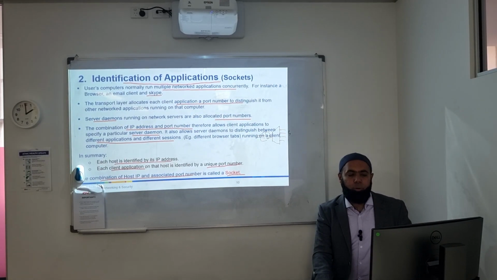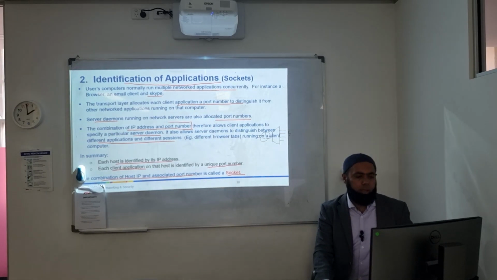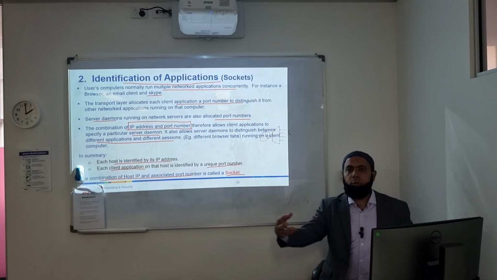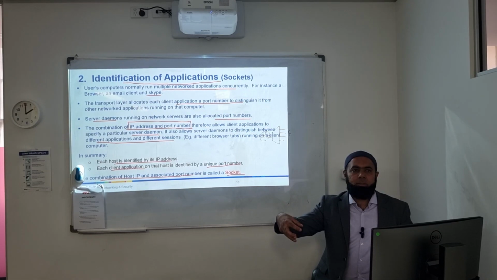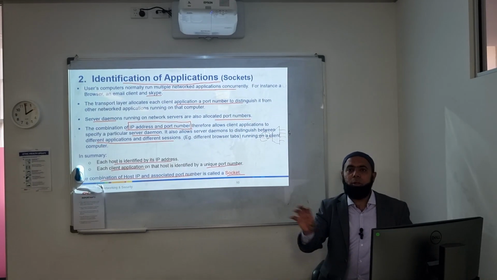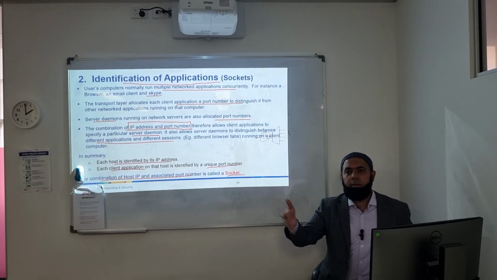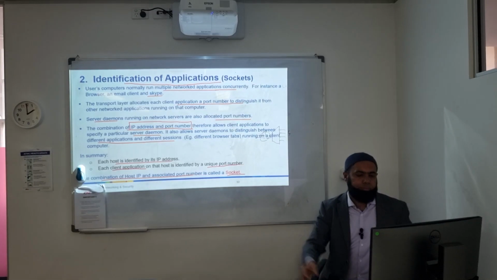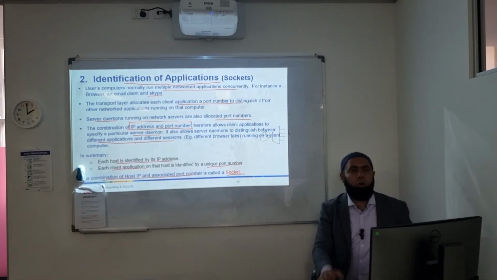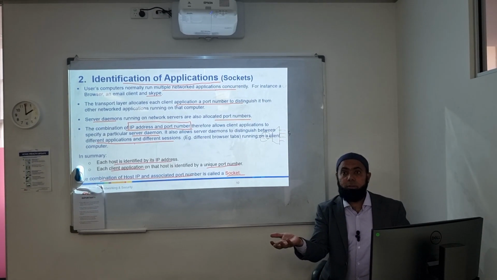So, IP addresses and port numbers. There are two main things, and they are together. For one IP address, the port number would be different for different applications, and also for different tabs.